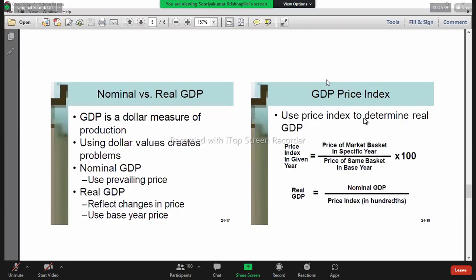Then we can use that real GDP to see whether real output increased or decreased, or we can use it for statistical analysis for the correlation between real GDP and the interest rate. Like that, there are many macroeconomic relationships you can test.